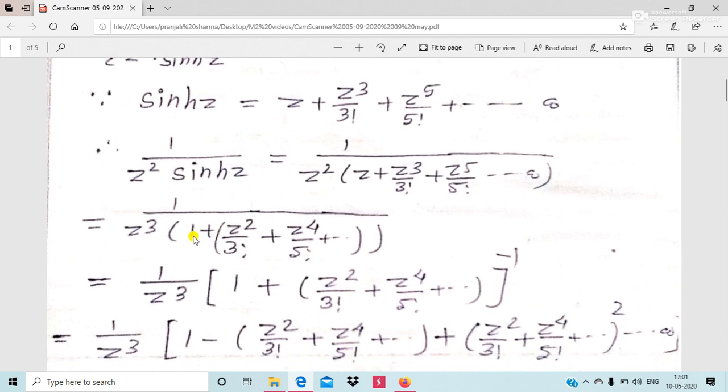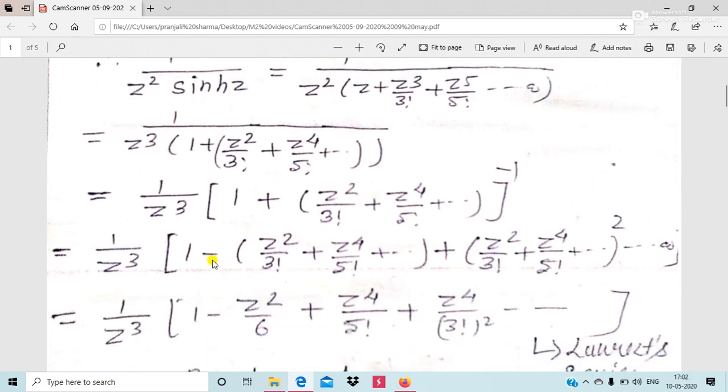Now this can be expanded as (1 + x) inverse as binomial series, since we know that (1 + x) inverse is 1 - x + x square and so on up to infinity. So it will be 1 upon z cube into 1 minus (z square by factorial 3 plus z to the power 4 by factorial 5 and so on) plus (z square by factorial 3 plus z to the power 4 by factorial 5 and so on up to infinity) whole square and so on up to infinity.